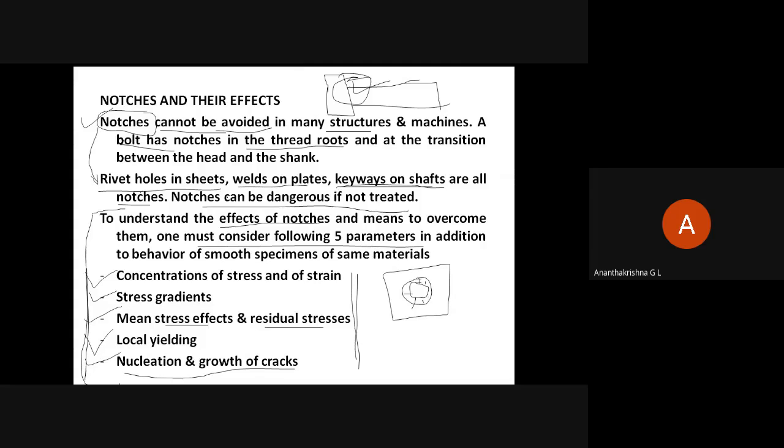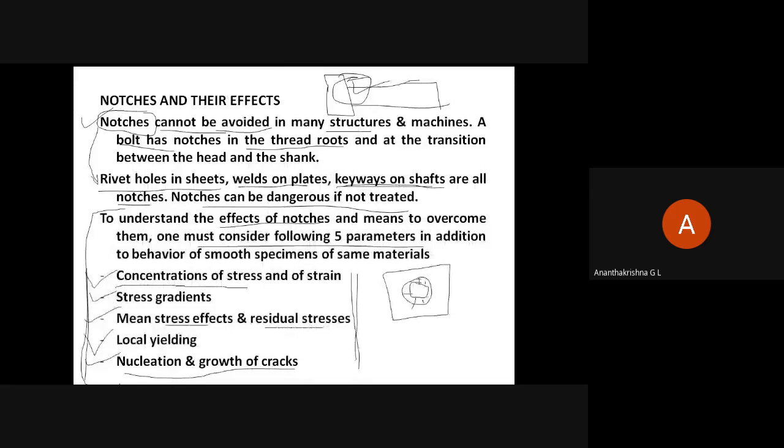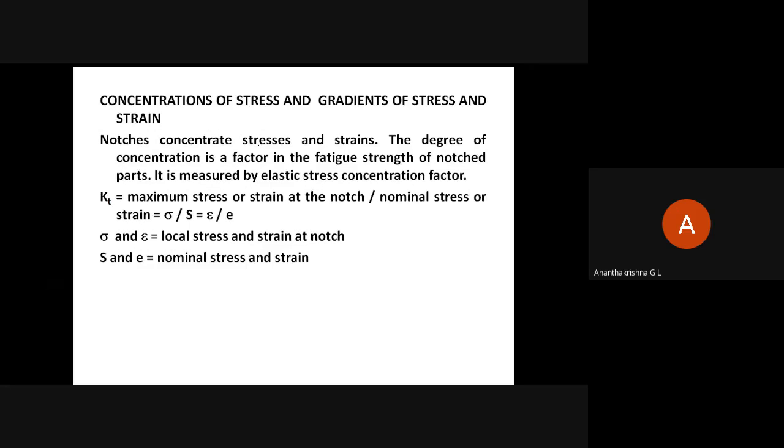Okay. So what is this concentration of stress and gradients of stress all about? This is what we are trying to learn, the first two things: concentration of stress and stress gradients. The notch concentrates stresses and strains.